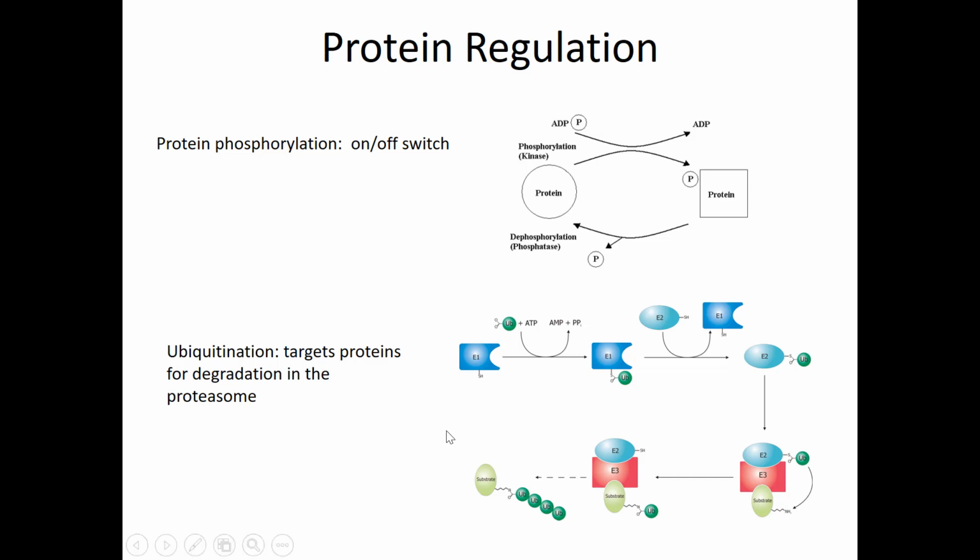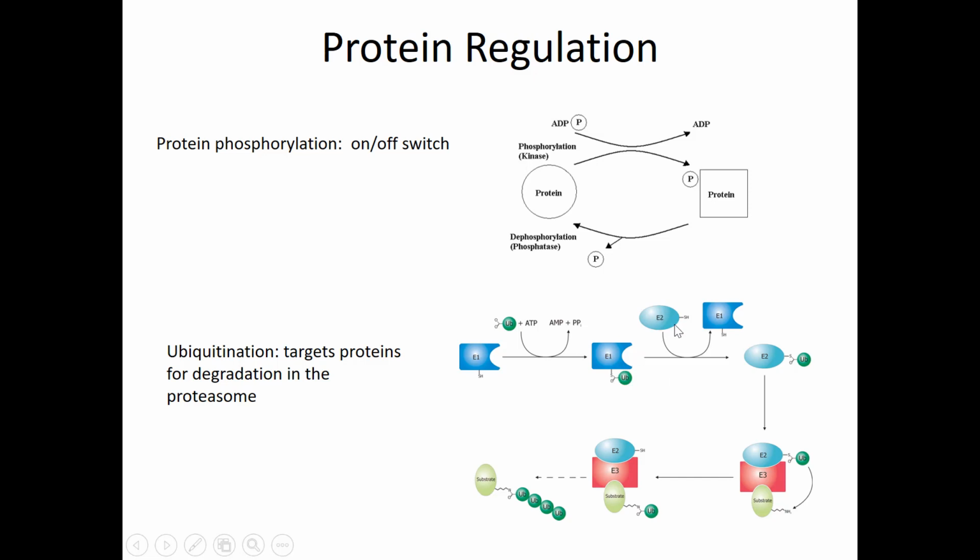And then another one is just to target these proteins for degradation in a structure called the proteasome. And so the way you do that is you ubiquitinate a protein. You mark it with a ubiquitin tag, and you can see that happening here. Here's the ubiquitin tag. This protein's been marked with that tag, and now it's going to be destined for degradation.